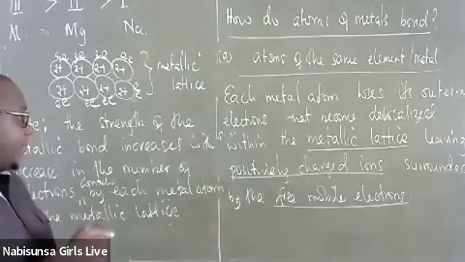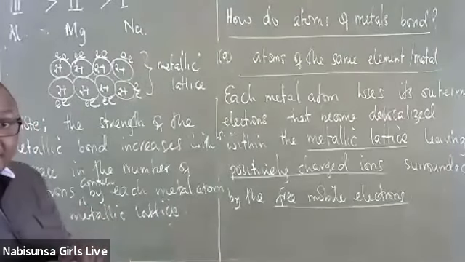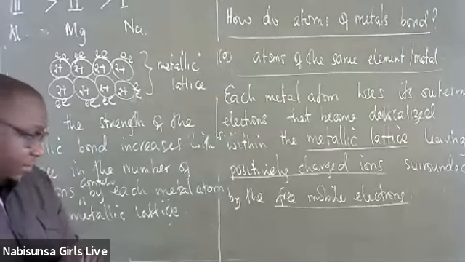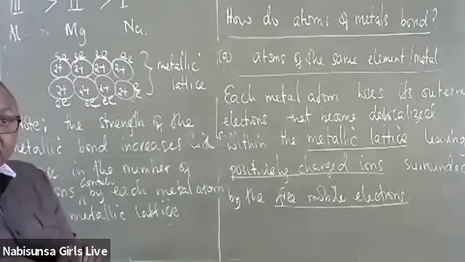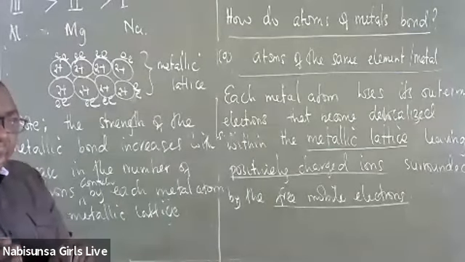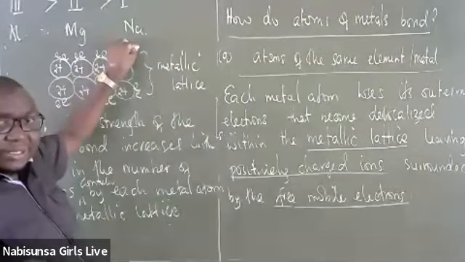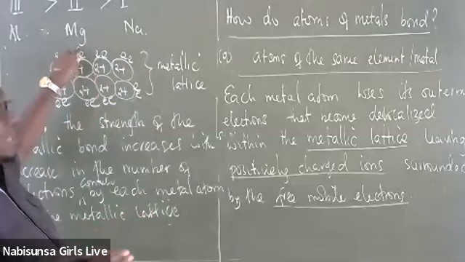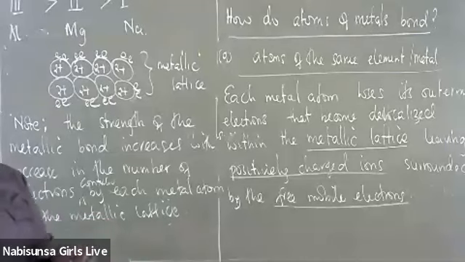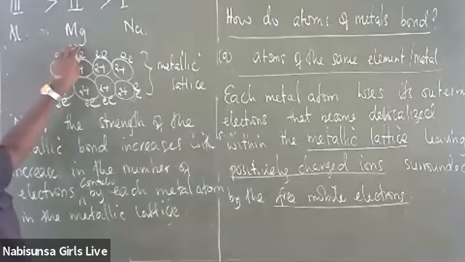And then this sodium metal is like ghee, or butter or Blue Band, it can easily be cut by a knife. Why do you find that the sodium is so soft? This one is relatively hard, and this one is the hardest. The reason why the aluminium foil is hard is because it forms stronger metallic bonds than magnesium, which is relatively hard.